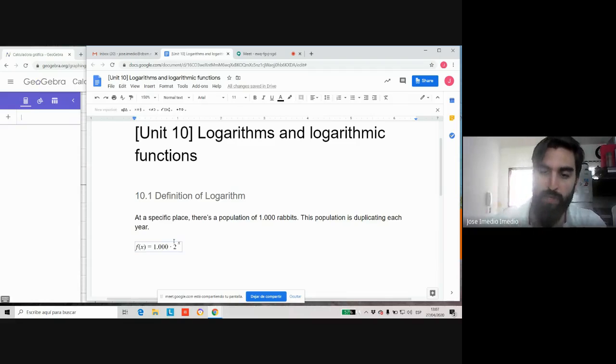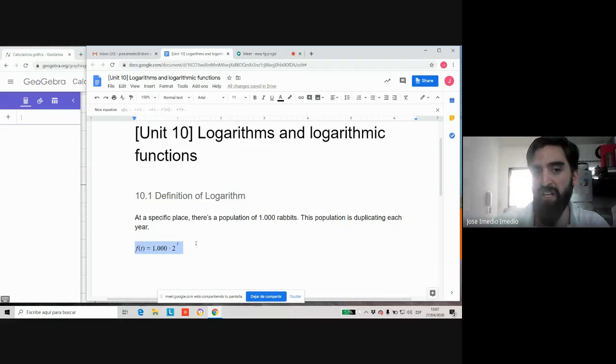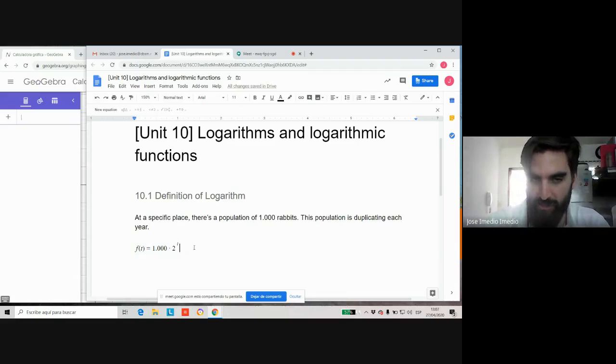Usually, instead of x, we would use t, because t stands for time, so it's more intuitive, but it's the same as using x. This exponential function tells us the population at each specific moment in time. The population of rabbits is duplicating each year.